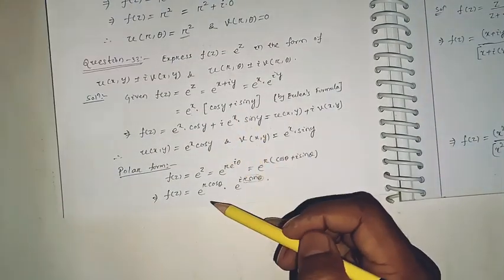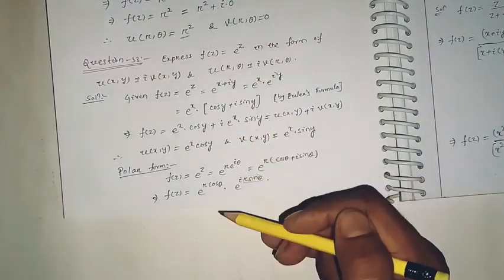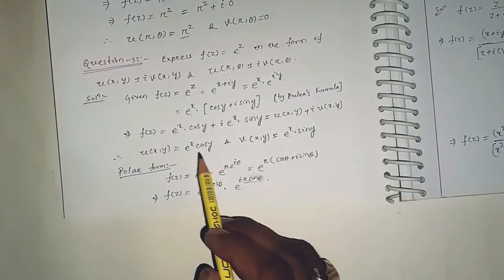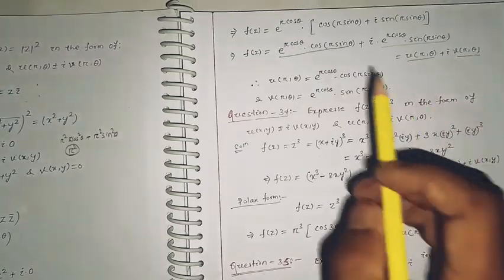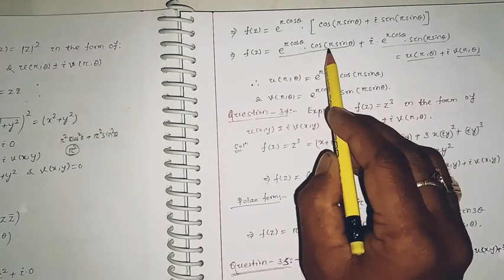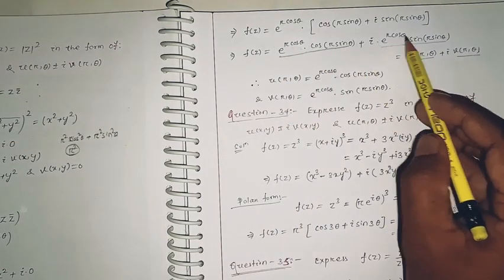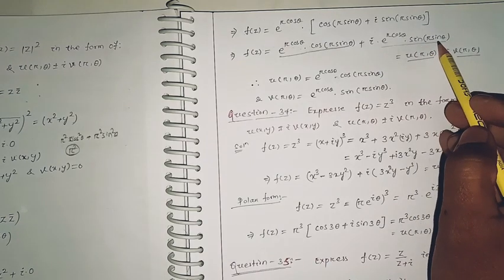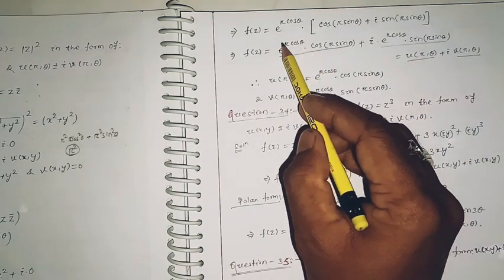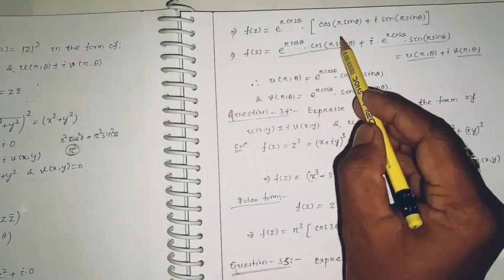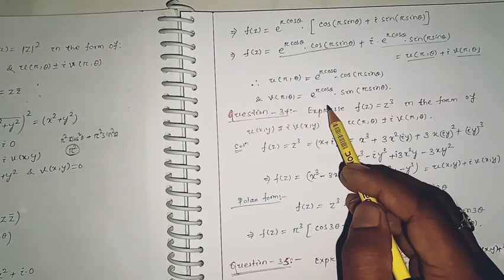For this question also you can do it by yourself in the same manner. That means here we found e to the power r cos theta into cos of r sin theta, plus i e to the power r cos theta into sin of r sin theta. So instead of r cos theta, we can substitute x, and r sin theta can be substituted by y.